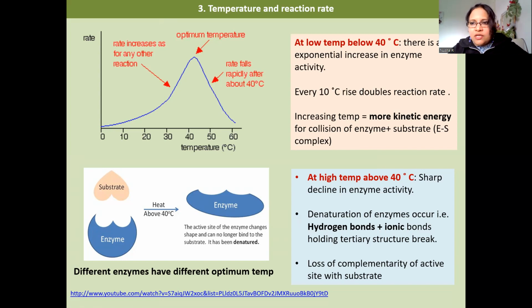Is it just a very slow, gentle decline, or is it a sharp or a dramatic decline? So here we can see it is actually a sharp decline. So we would say that there's a sharp decline in enzyme activity above the optimum temperature.